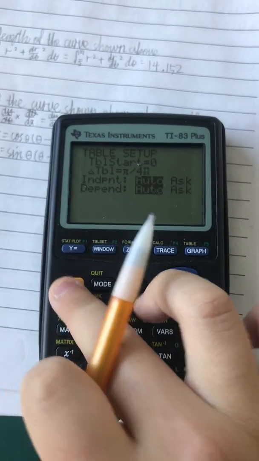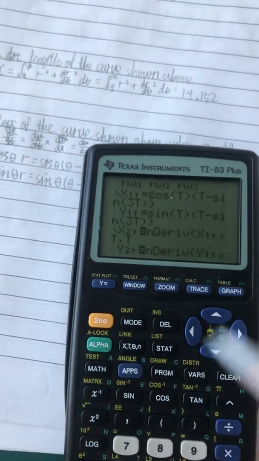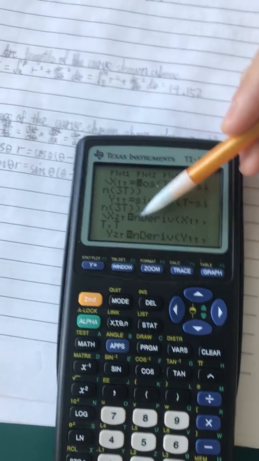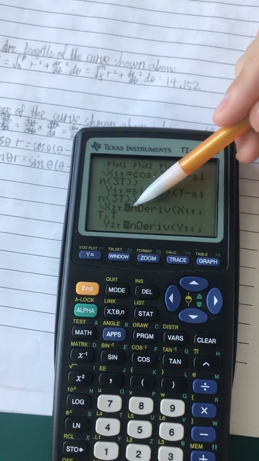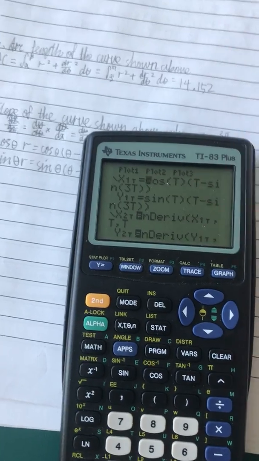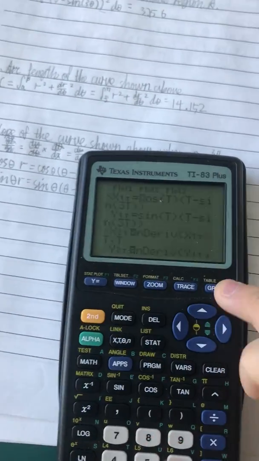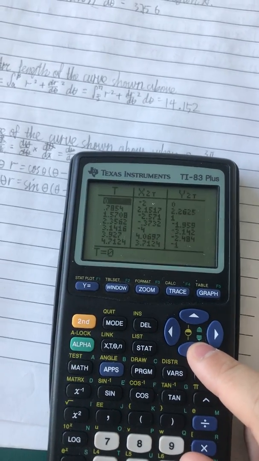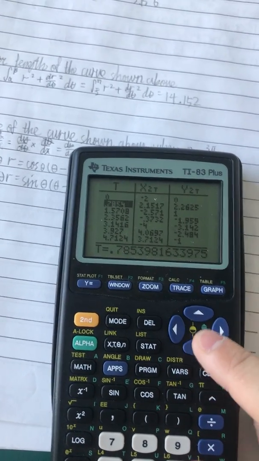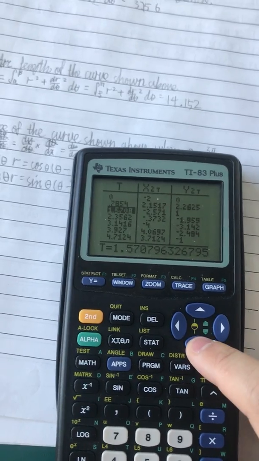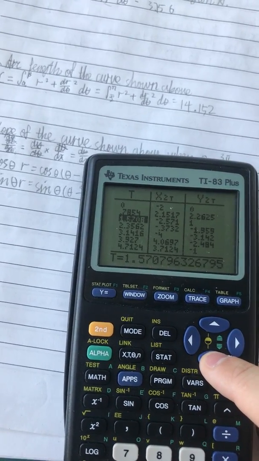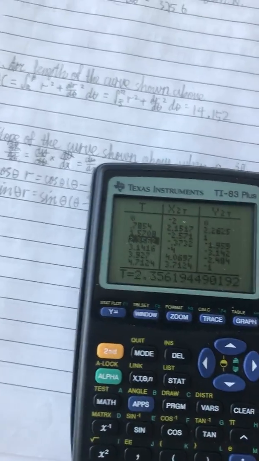So now we can go back to the y equals screen, where we have dx d theta and dy d theta. We go to the table. This will be pi over 4. This will be 2 pi over 4, which is basically pi over 2. And this will be 3 pi over 4.